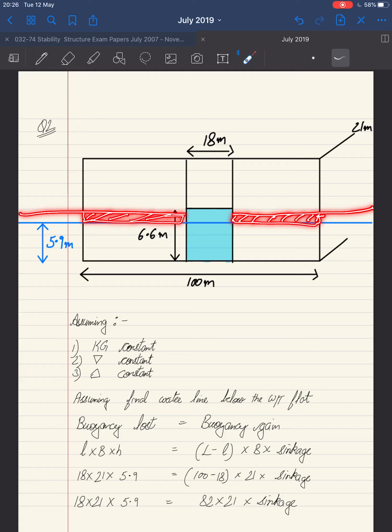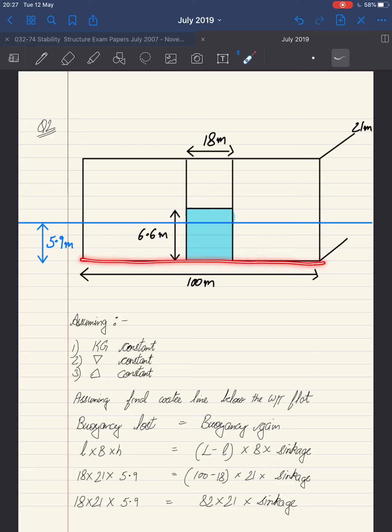So to take this into consideration, we will first get the intact or the bilge length. The bilge length is capital L minus small l. This was the capital L, the length of the vessel, the intact length, and this is the length of the compartment. Whatever we get after bilging would be just this part and this part, excluding this part.